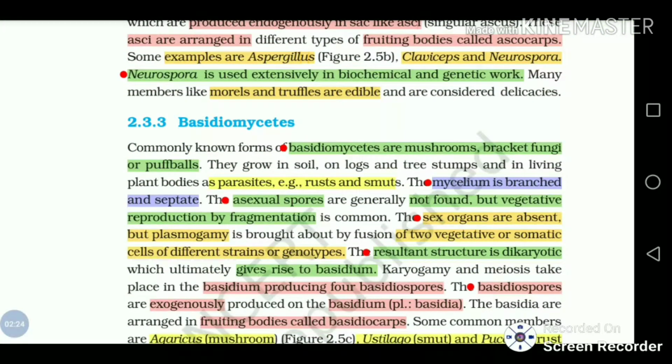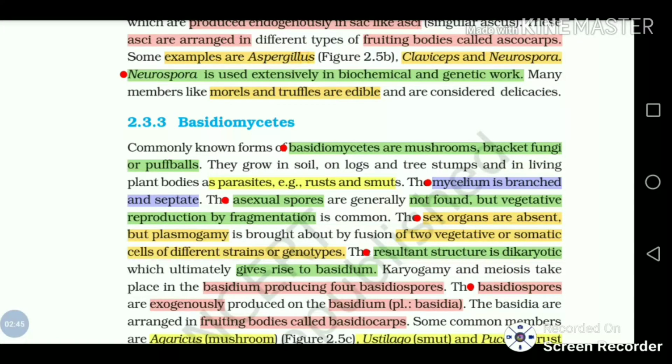Then the third class is the Basidiomycetes, and Basidiomycetes are also called bracket fungi or puffballs, or are also called mushrooms. They may be parasitic, for example rust and smut. Then the mycelium is branched and septate.